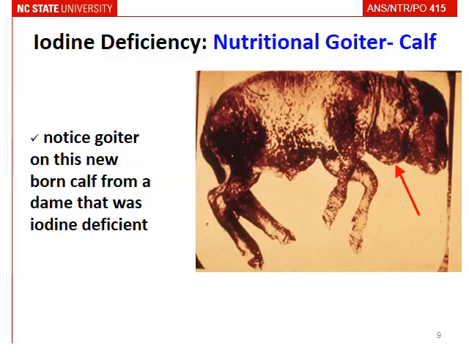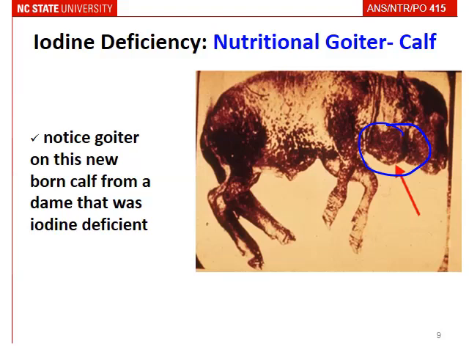Just as we get goiters with humans, we get goiters with animals also. This is a calf that was born, and you can see the goiter on its neck. The cow was iodine deficient, and it resulted in the calf having a goiter formed as soon as it was born, because the mother is going to keep the majority of the nutrients for herself.